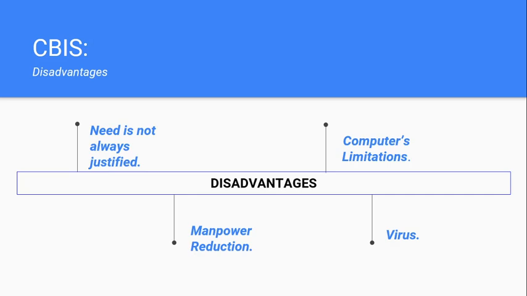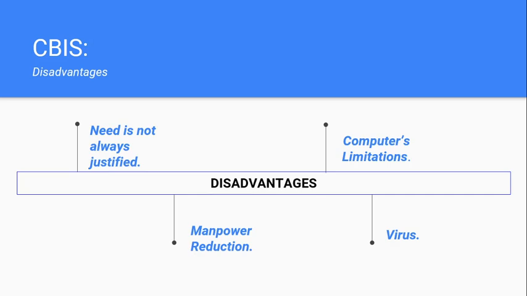So proper retrieval and restoration of data should be there, and it becomes necessary for an organization to face certain difficulties that may arise from the virus. Right? So these are a few disadvantages that the CBIS can come up with.